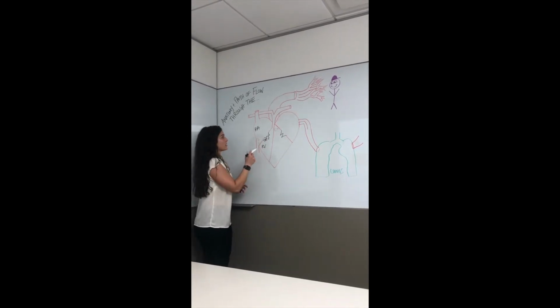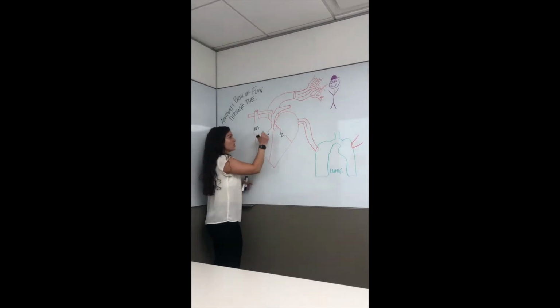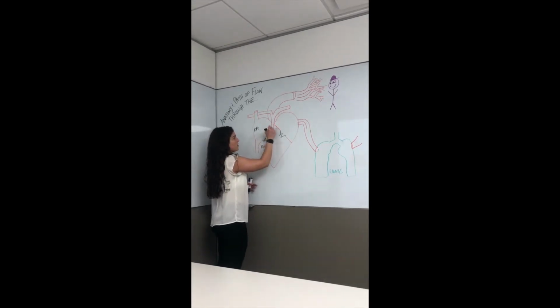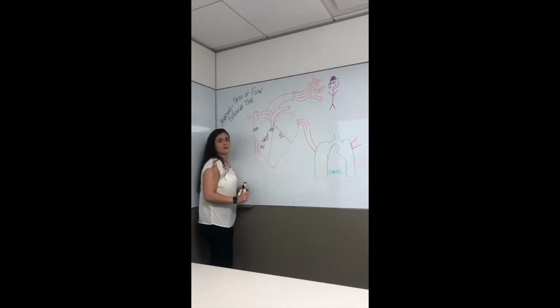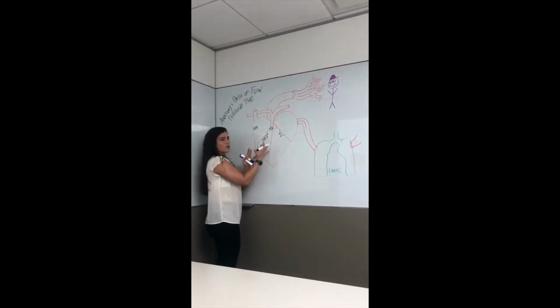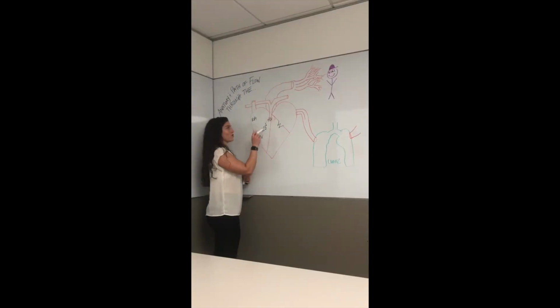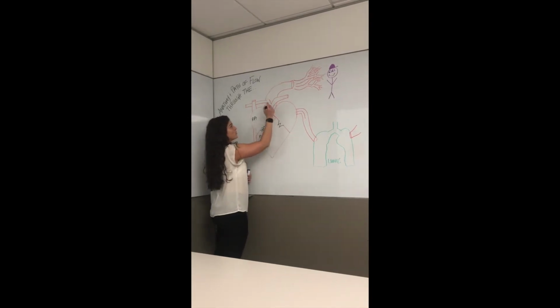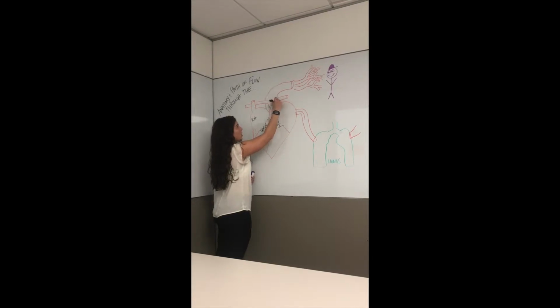Starting there, from the right ventricle, we're going to move through what we call the pulmonic semilunar valve. From there, the blood will be ejected when the heart contracts. From the right ventricle, the blood will move through the pulmonic semilunar valve out into the pulmonic arteries, the pulmonary arteries.